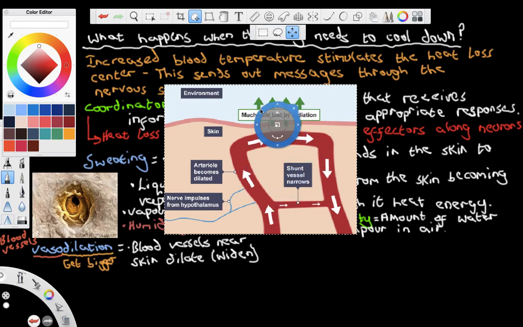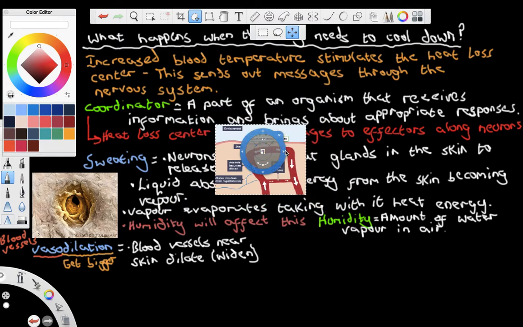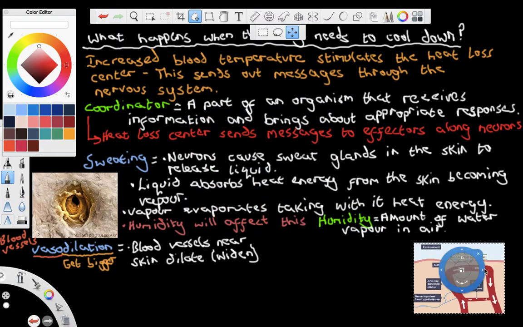This means that more heat is lost via radiation. So shunt vessels narrow, whilst blood vessels near the surface of the skin widen, dilate. These constrict, these dilate, meaning that blood can flow near the surface of the skin and heat is lost via radiation. So we've got the blood vessels near the skin dilate.